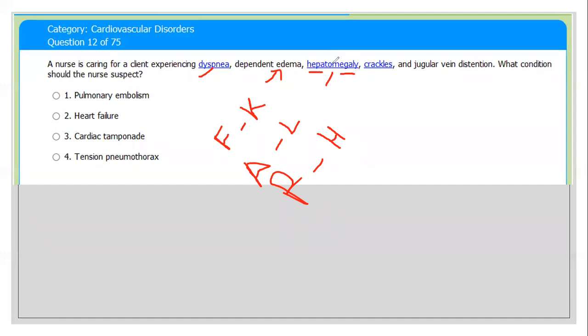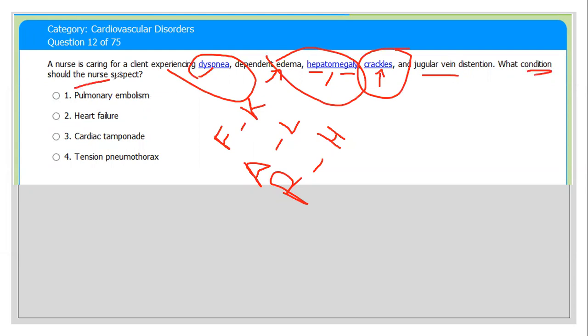Because fluid accumulates in the lungs, the patient also has added sounds, crackles. The jugular vein in the neck shows distension. If my patient has all of these presentations, what condition should I suspect?